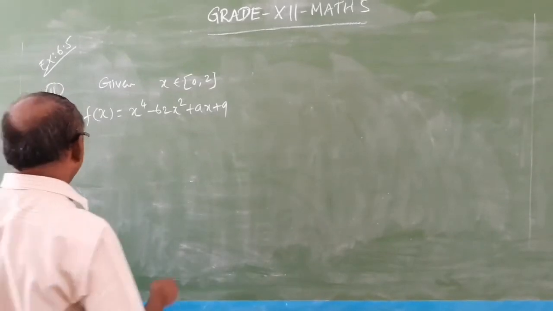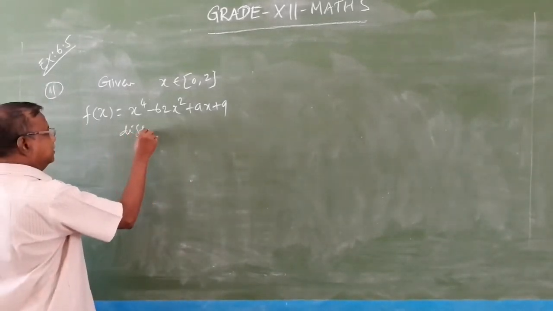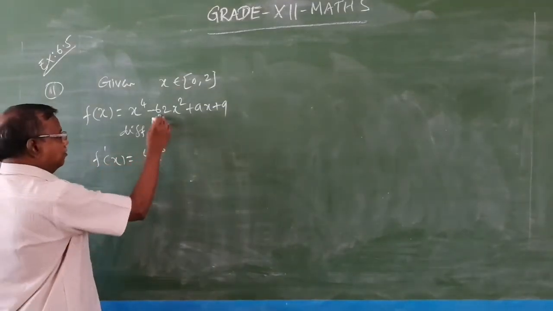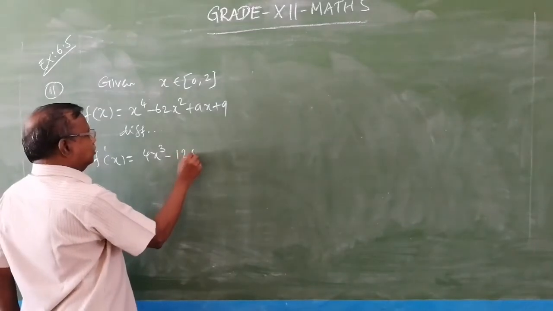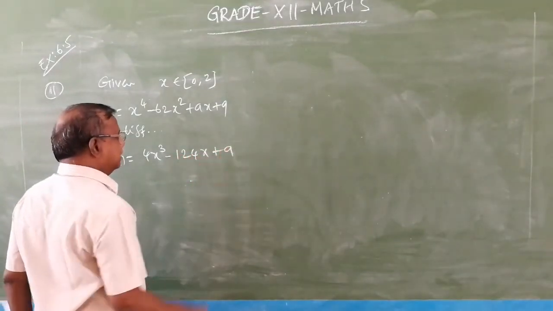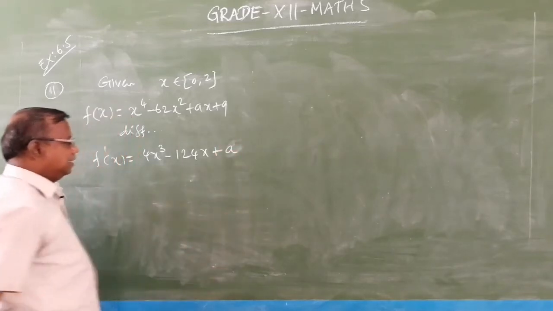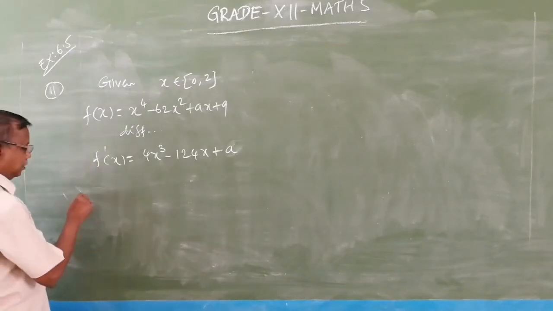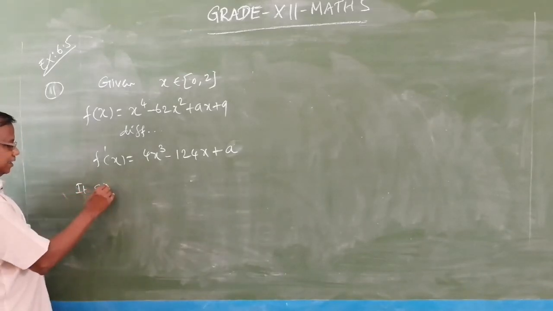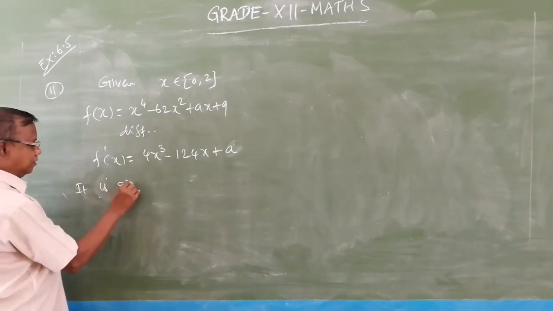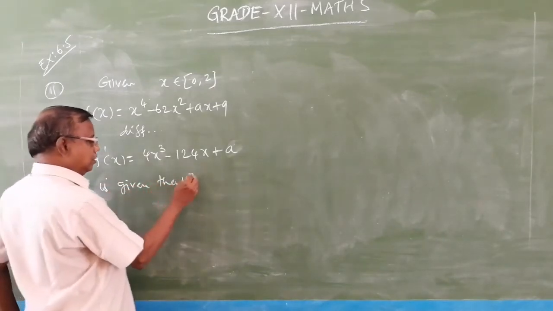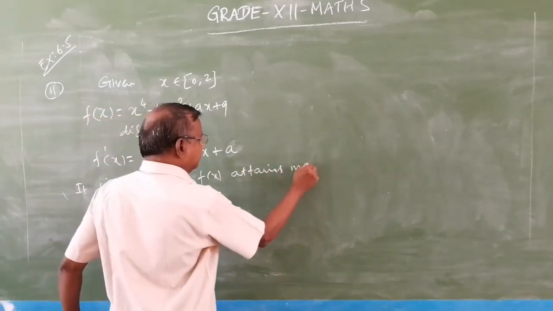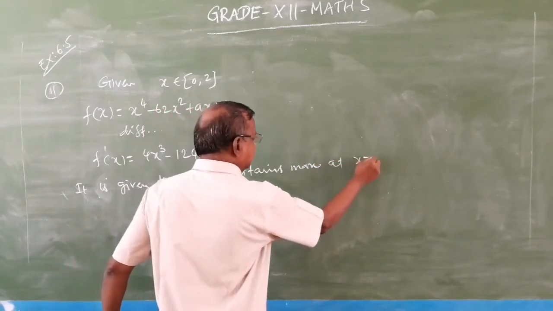Now differentiating, f dash of x equal to 4x cube minus 124x plus a, but it attains the maximum at x equal to 1. It is given that f of x attains maximum at x equal to 1.